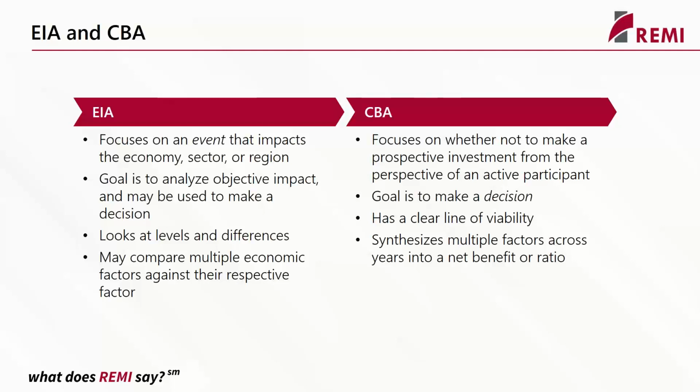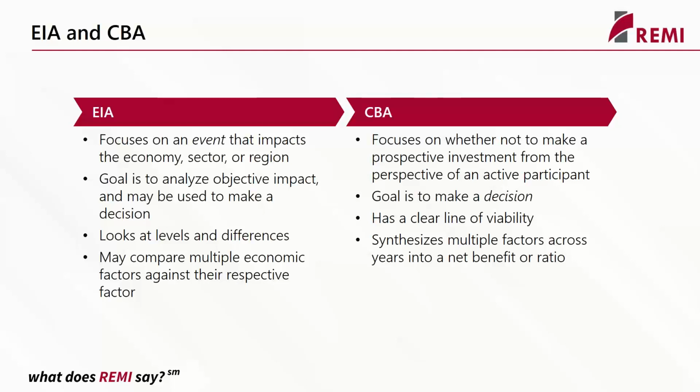This is in contrast with economic impact analysis, where, like the example that I gave with natural disaster, there's not necessarily a decision being made. And it would behoove the policymaker to make a decision on how to respond to an event, and therefore maybe there will be a follow-up economic impact analysis.